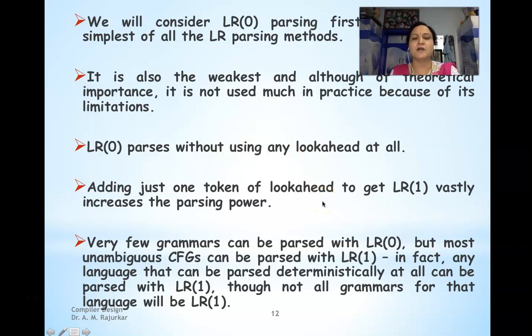There are very few grammars that can be parsed with LR(0) because of its limitations, but almost all unambiguous context-free grammars can be parsed with LR(1) compared to LR(0). In fact, any language that can be parsed deterministically at all can be parsed with LR(1), though not all grammars for that language will be LR(1).